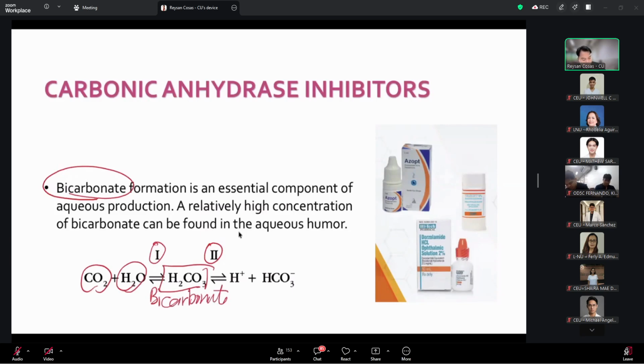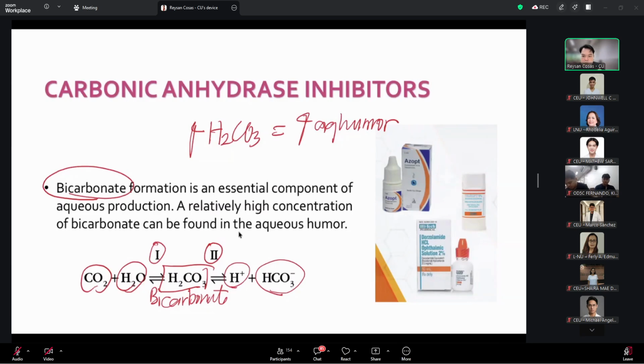So sabi nila, high bicarbonate concentration can increase aqueous humor production. And then reaction 2 is bicarbonate is converted to proton and carbonic acid.